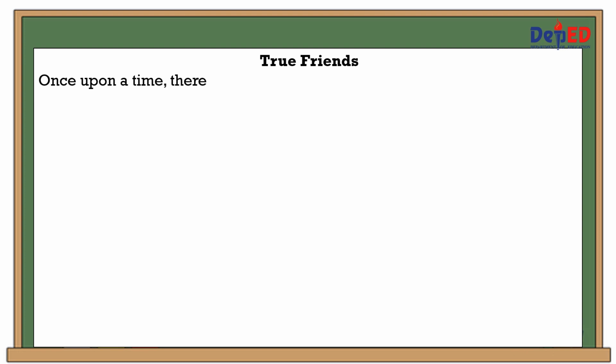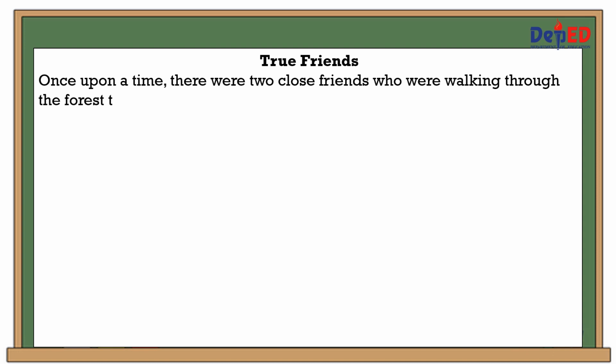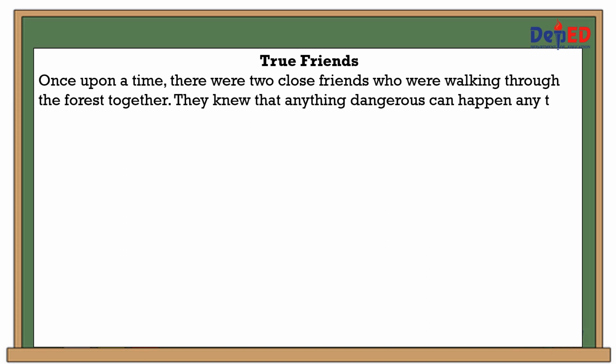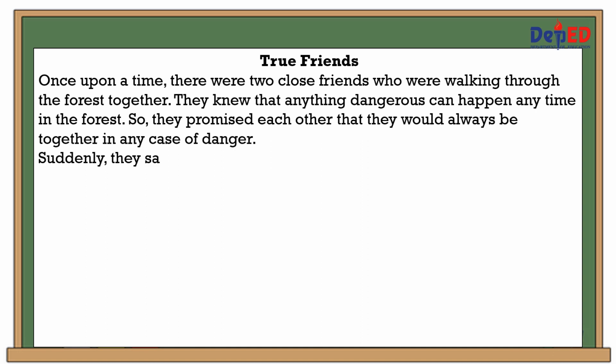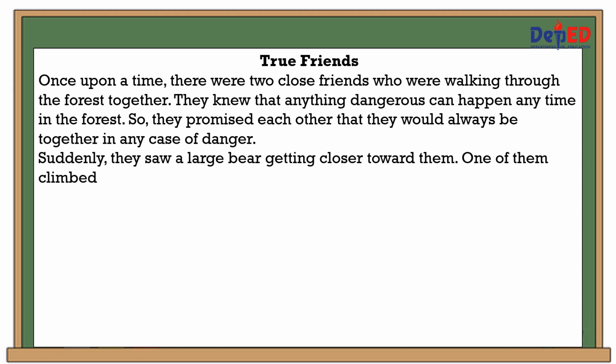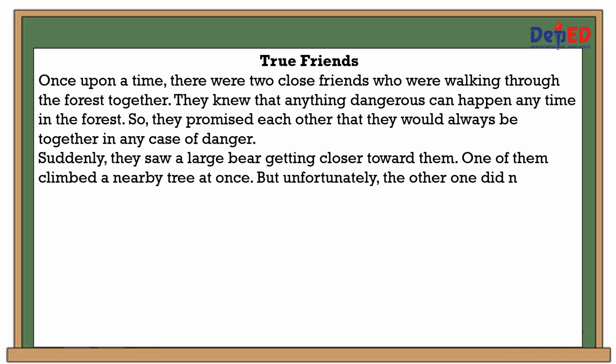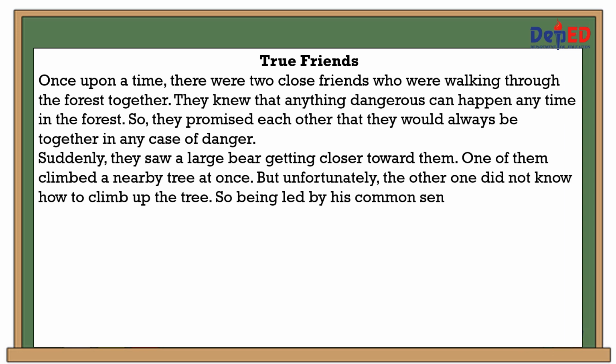True friends. Once upon a time, there were two close friends who were walking through the forest together. They knew that anything dangerous can happen anytime in the forest. So, they promised each other that they would always be together in any case of danger. Suddenly, they saw a large bear getting closer towards them. One of them climbed a nearby tree at once, but unfortunately, the other one did not know how to climb up the tree.